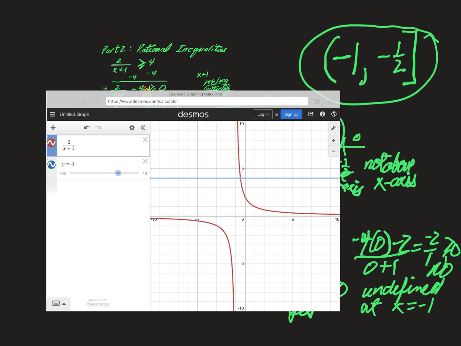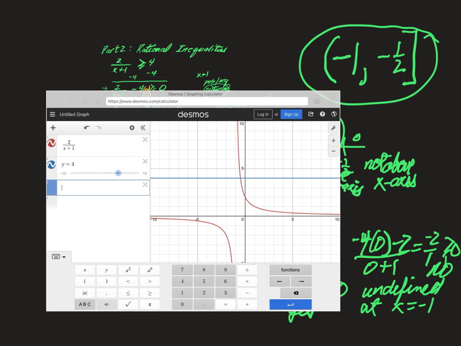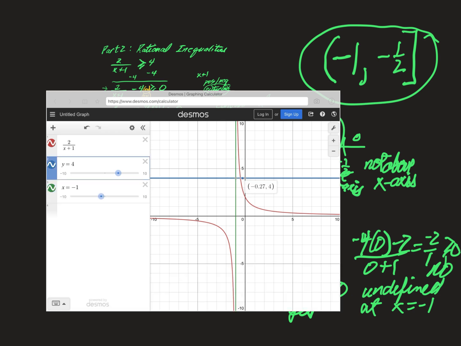Now, there's another thing they don't show on this graph, but if you remember, there's a vertical asymptote here, x equals -1, and I just drew that in there. That was the other 0. And you'll notice that from that green line up to this point right here, the -1 to -1/2, that is the only place that the graph is above the x-axis, or above the original line.